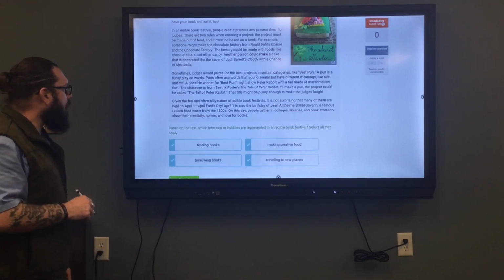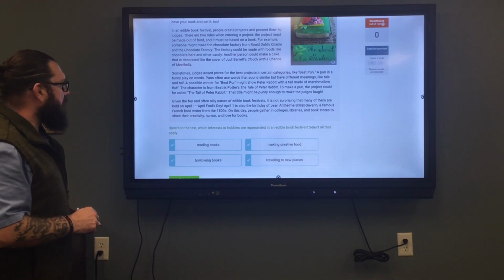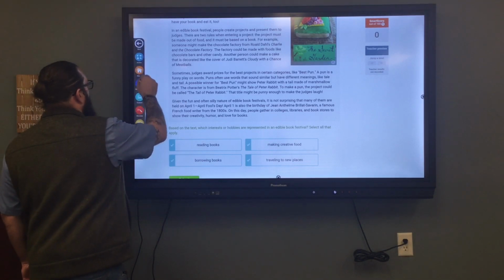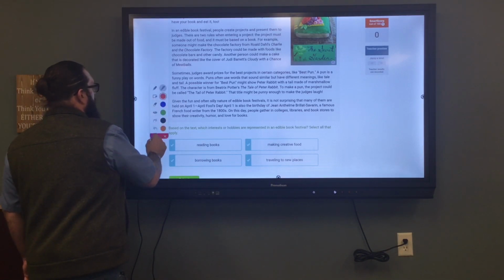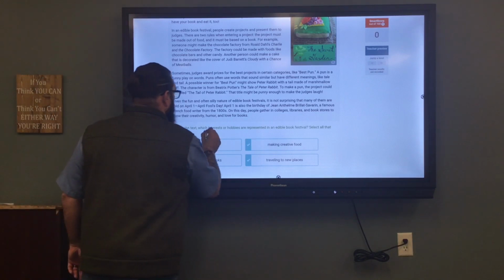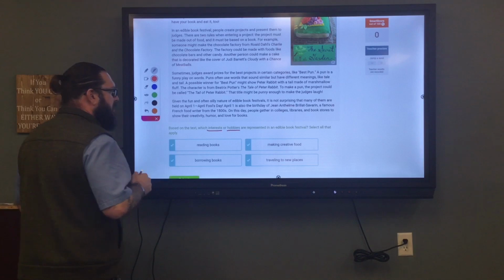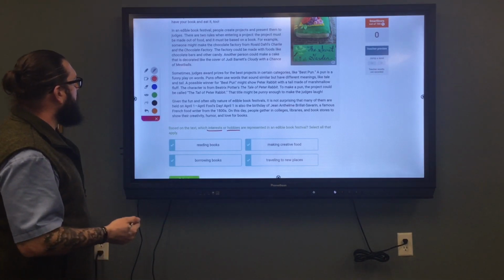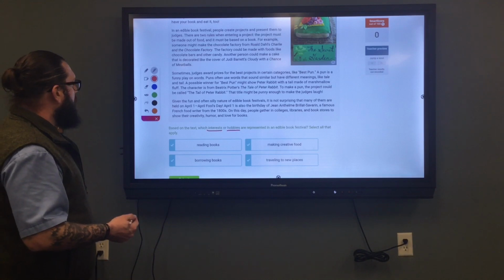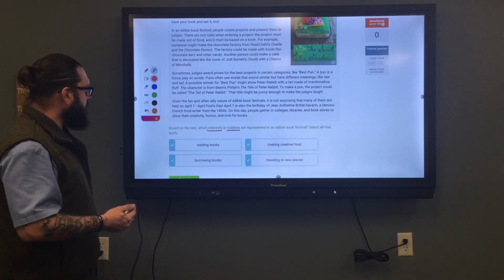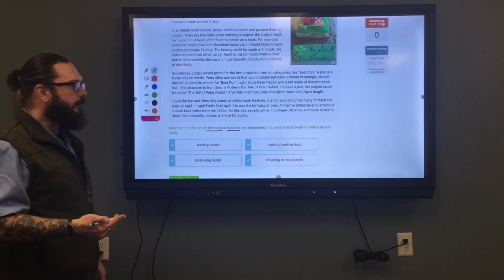Select all that apply. Okay, so in this passage, we are asked to identify interests or hobbies that are represented in a book festival. So let's take a look at the first one. Reading books.